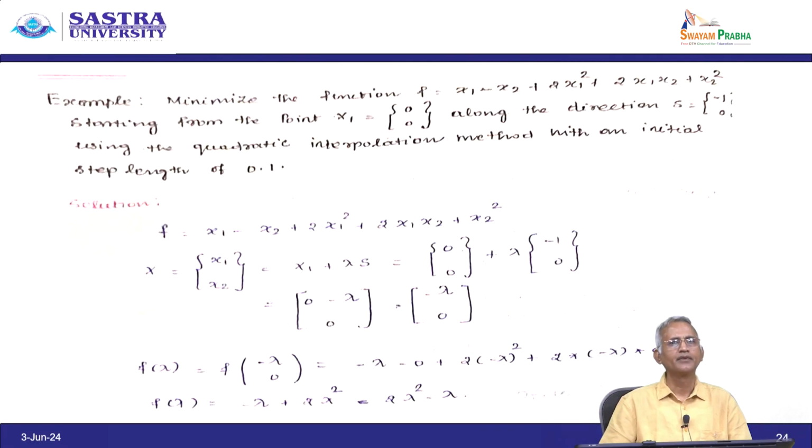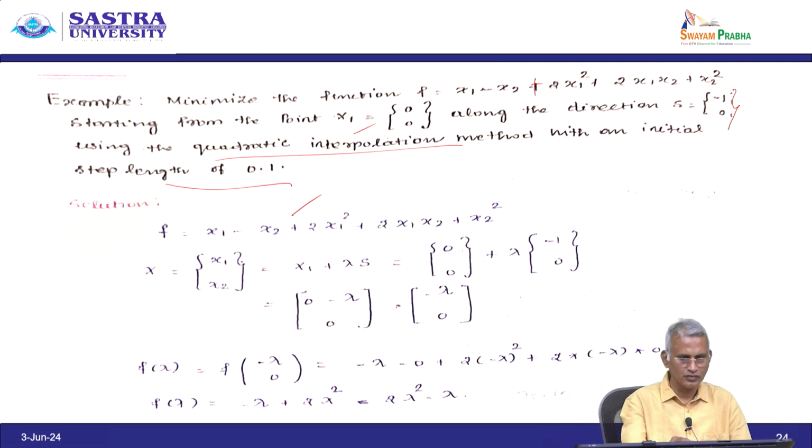Next example, minimize the function f equal to x1 minus x2 plus 2x1 square plus 2x1 x2 plus x2 square, starting the point x1 equal to 0 0 along the direction minus 1 comma 0 using the quadratic interpolation method with the initial step length of 0.1. So, f is given here to be determined x1 x2.